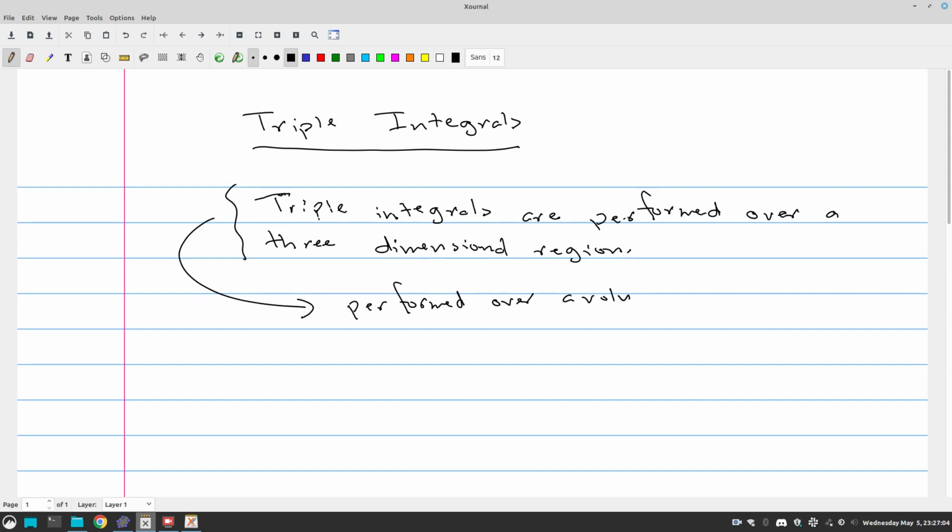In other words, the triple integral is performed over a volume. So we'll start with the simplest possible case: a rectangular region in three dimensions.